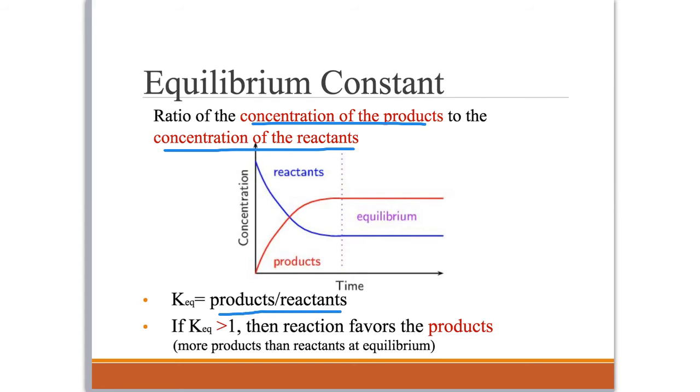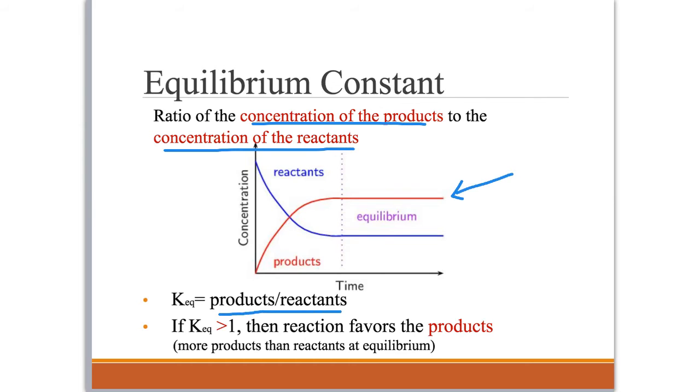And here's a graph that illustrates this. Our products are the red line, and so at equilibrium they will be higher on the concentration level than the reactants. So this is the graph that shows a situation where we have more products being produced at that point of equilibrium. The concentration of products is higher than the concentration of the reactants.